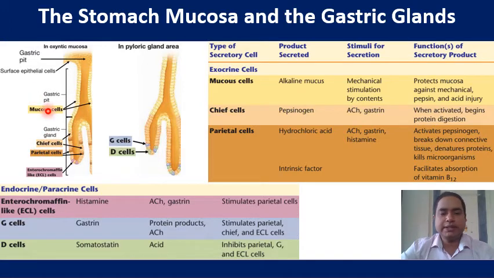The mucous cells secrete alkaline mucus after the stimulation of mechanical stress by the food content, and it has a function to protect the mucosa against the mechanical stress and from the pepsin and the acid injury.